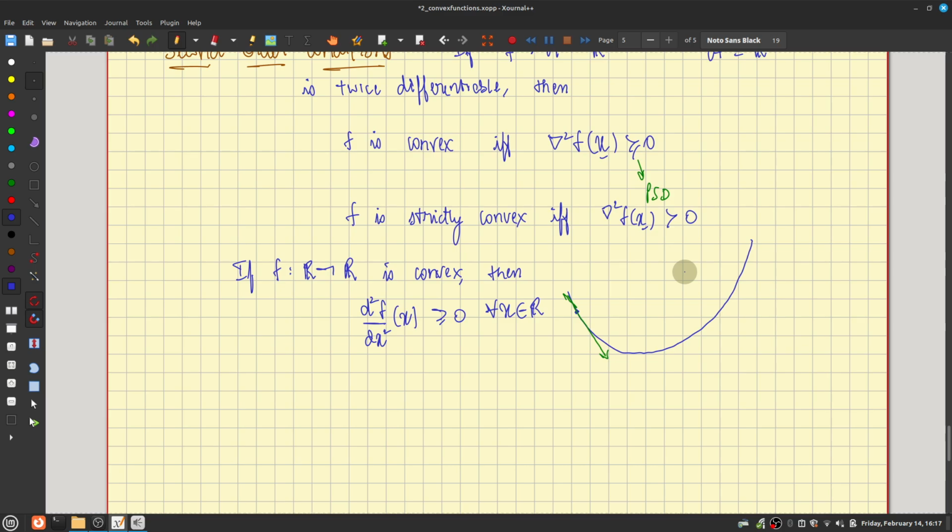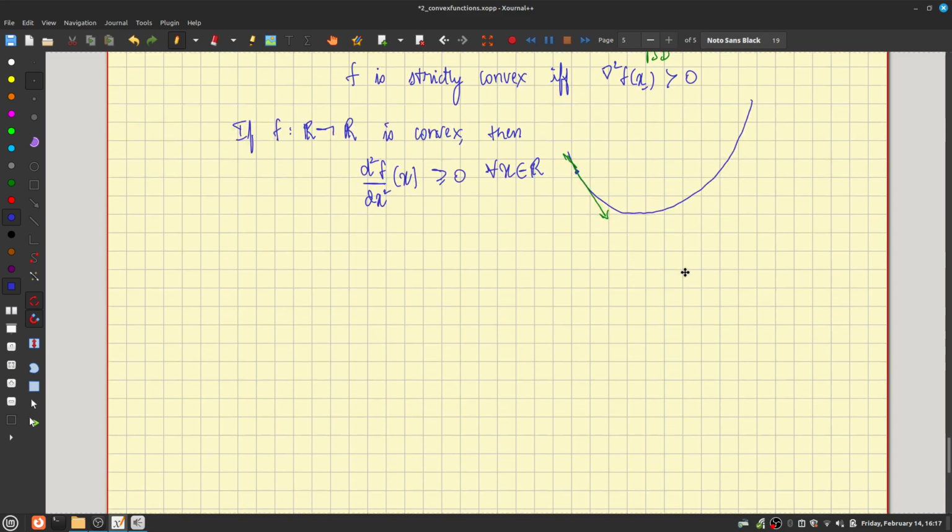Okay, since one of you asked this in a previous class, there's also a notion of strong convexity, which is different from strict convexity. In fact, it's a stronger notion than strict convexity.